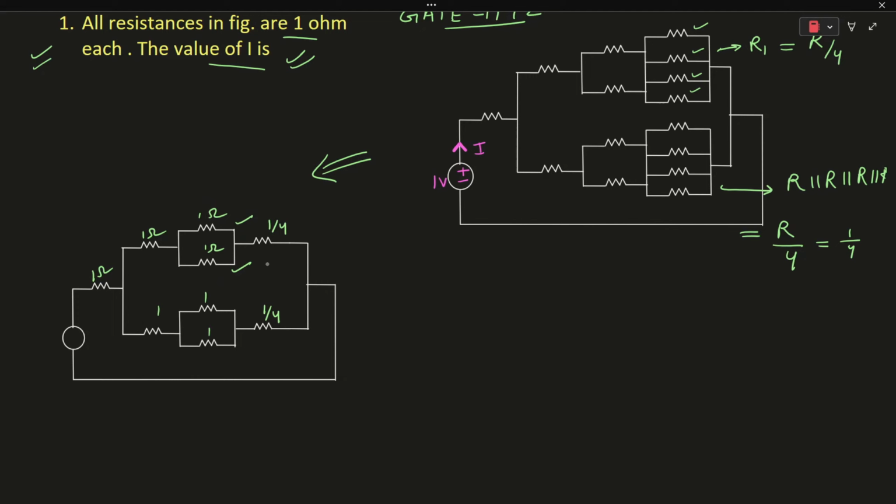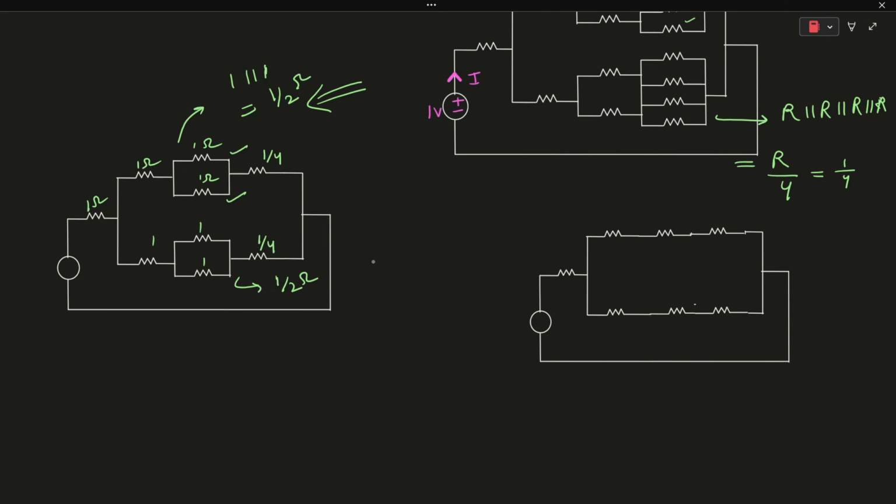It means that their equivalent resistance will be equal to 1 in parallel with 1, which is equal to 1 by 2 ohms. Similarly, the equivalent resistance of these two resistor combination will also be equal to 1 by 2 ohms. Okay. So on further simplifying it, we are getting this diagram, and this will be 1 ohm resistor, this will be 1 by 2, 1 by 4, 1 by 2 and 1 by 4.